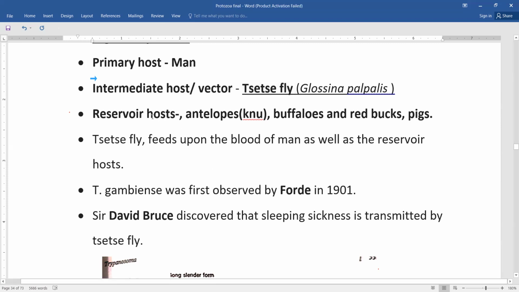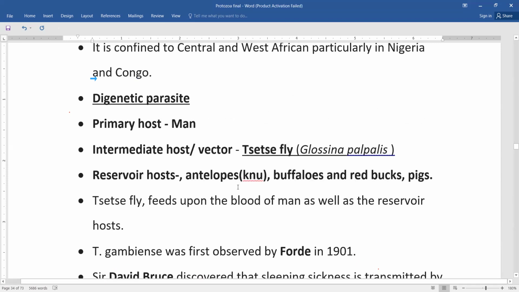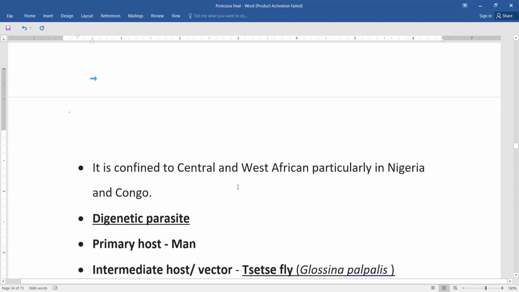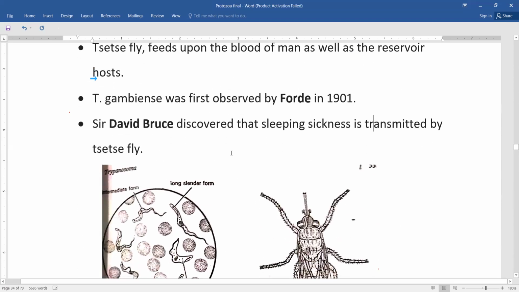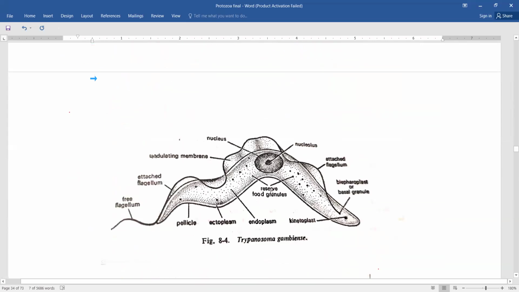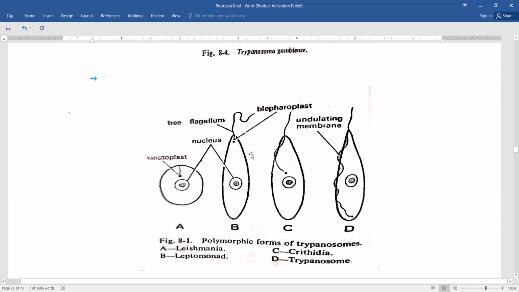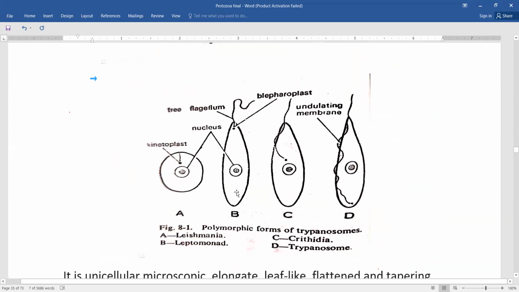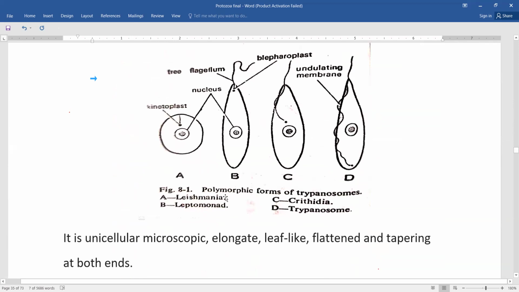It can also depend on these reservoir hosts. Trypanosoma gambiense was first observed by Ford, and Sir David Bruce discovered that sleeping sickness is transmitted by the tsetse fly. This is the tsetse fly, almost similar to the housefly-like structure. We have seen the morphology, and it is generally seen in different forms.